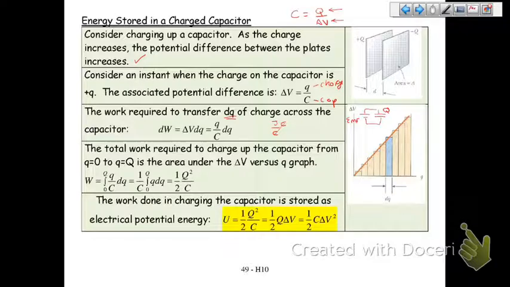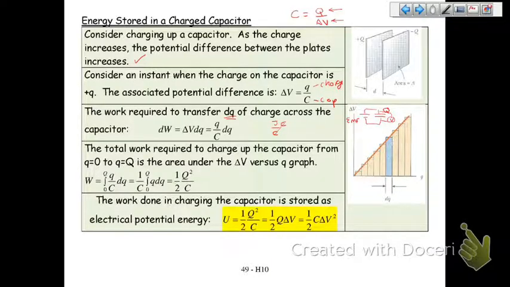And when I'm fully charged, then my capacitance is equal to the total amount of charge over the EMF that caused it. But I could also take a voltmeter and just look at the voltage drop across the capacitor at different times.